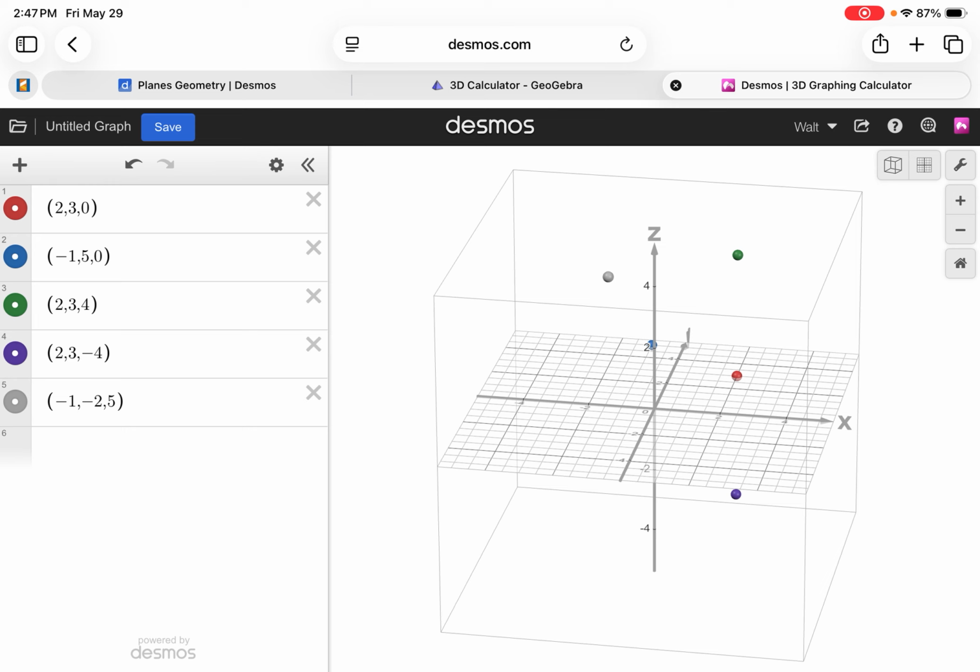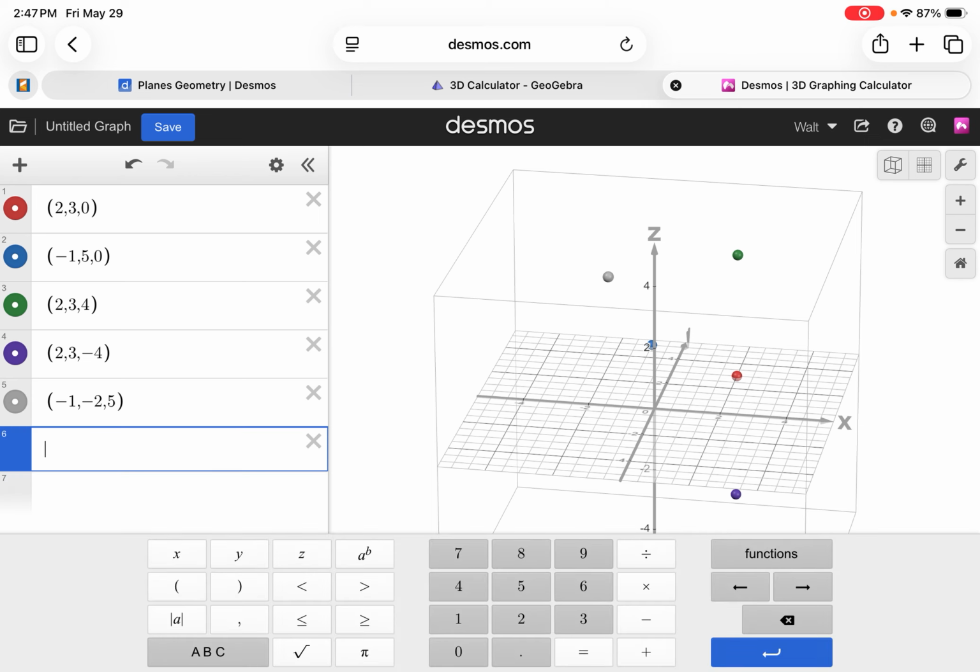Now, remember, a line is just a bunch of points joined together in the XY plane. So it's just a bunch of points joined together, and they form what we know as a line, just something straight. That's on the XY plane.